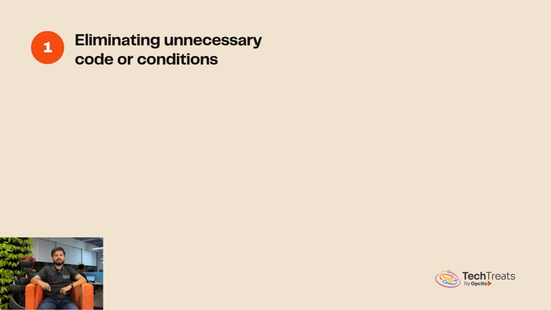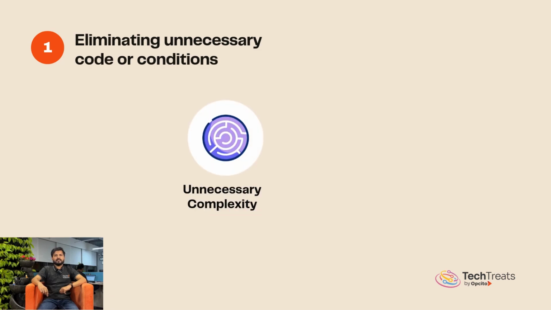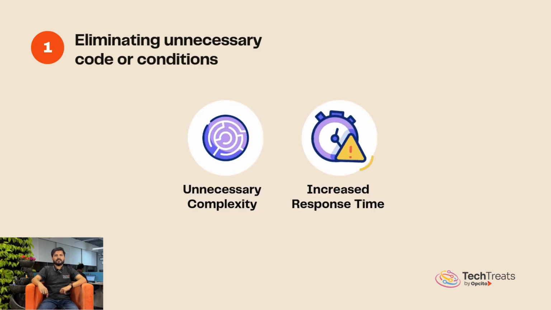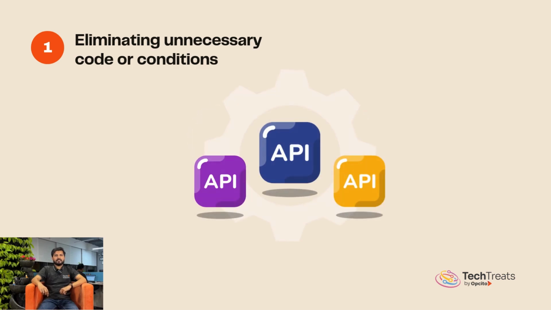Unnecessary conditions in a function, especially when it is used across multiple APIs, can introduce unnecessary complexity along with increased response time. First, identify such unnecessary conditions in functions that are being used in multiple APIs. There are chances that a function necessary in some scenarios may not be required for some processes.